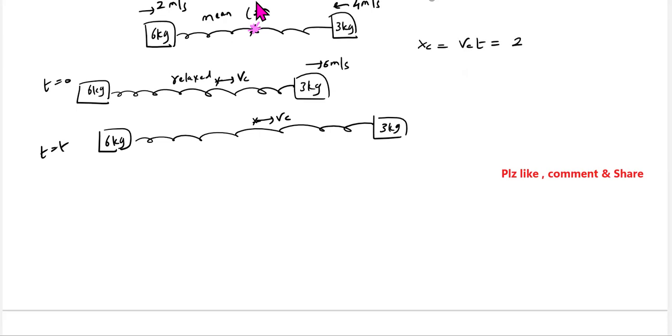What is the velocity of center of mass? 2 meter per second. Okay, so this was 1, this will take 2 as usual. Then I'll use the formula x1c: displacement of block 1 with respect to center of mass is equal to displacement of block 1 with respect to ground minus displacement of center of mass.